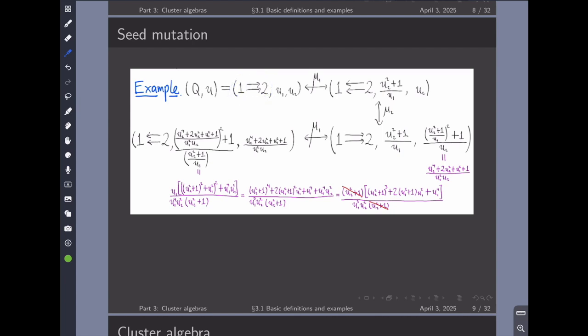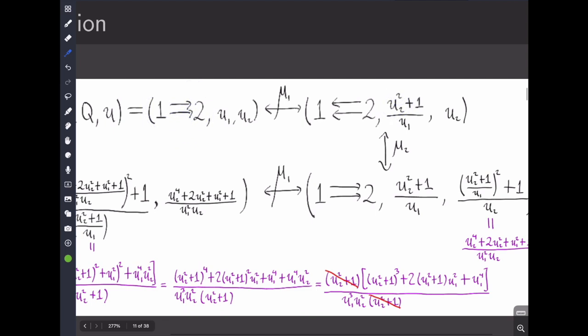So yeah, but then you see mutation at 1 replaces U1 by, well, you have 2 arrows outgoing, so U2 has to be squared, because for each arrow you put one such factor. Then there are no incoming arrows, so you put a 1, it's the empty product.